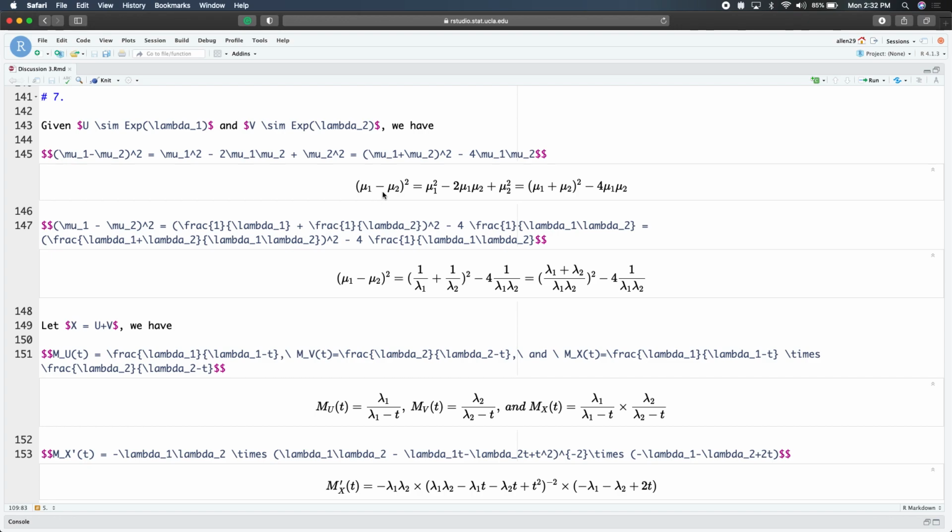So the question is asking for the difference of mu1 and mu2. In question 6, based on the data, we estimated the parameters. In question 7, based on the same data, are we also able to estimate the difference of the two expected values?